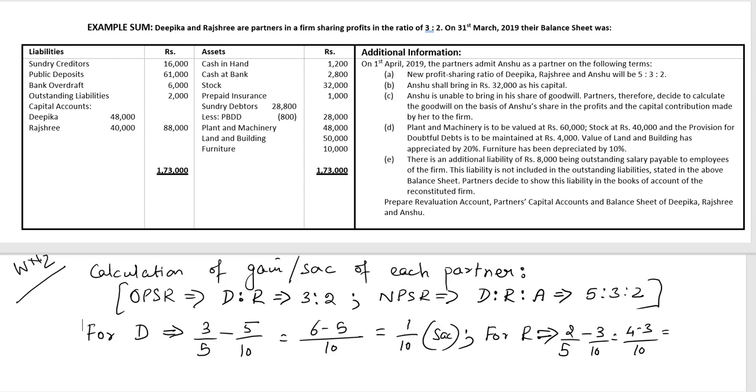Again a positive 1 divided by 10. Rajshri has also sacrificed. Therefore, the sacrificing ratio between Deepika and Rajshri is equal to 1 by 10 is to 1 by 10, or in other words 1:1.